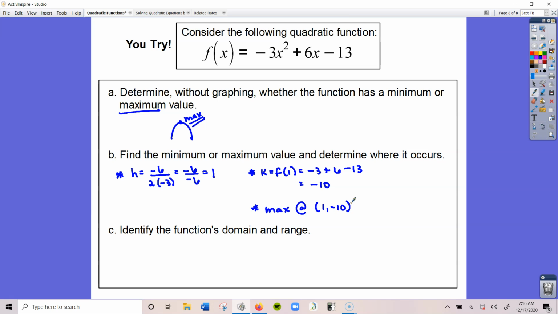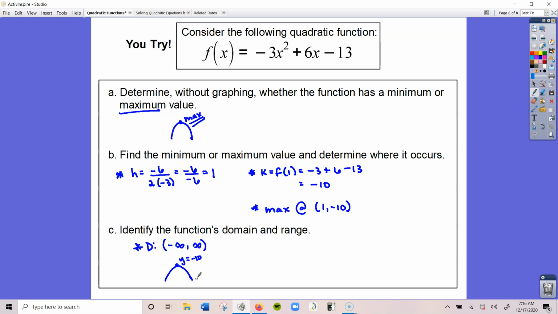Now to figure out the domain and range, even though we don't have it graphed, it's okay. We can still write it out. We know that the domain, no matter what, is always going to be negative infinity to infinity. Now the range, keep in mind, if you need a visual, that's okay. This is where y is equal to negative 10 because that's the vertex, right?